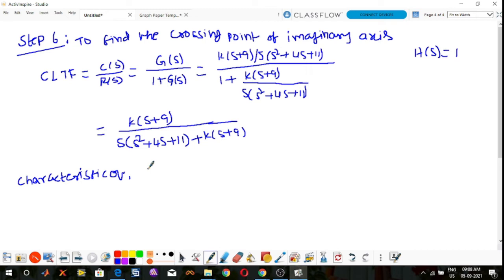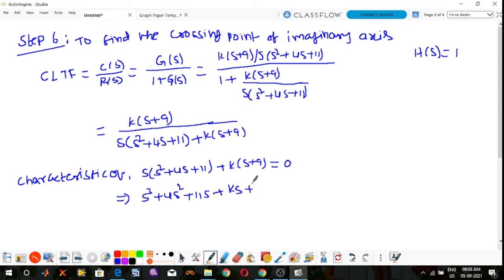So S into S square plus 4S plus 11 plus K into S plus 9 is equal to 0 is the characteristic equation of the system. That is S cube plus 4S square plus 11S plus KS plus 9K is equal to 0.